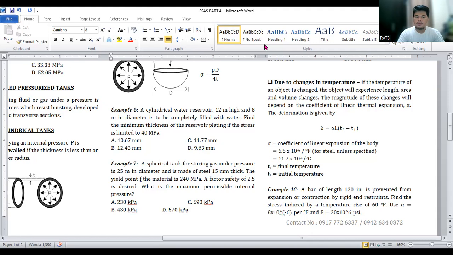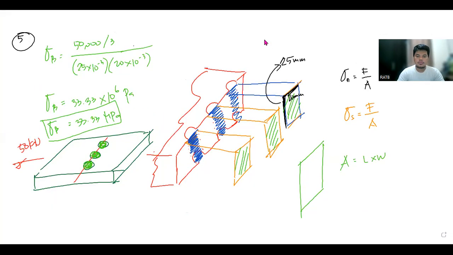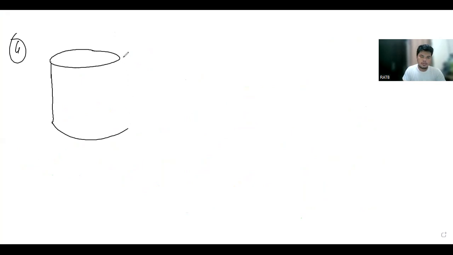So for item number 6, we have the cylindrical tank.